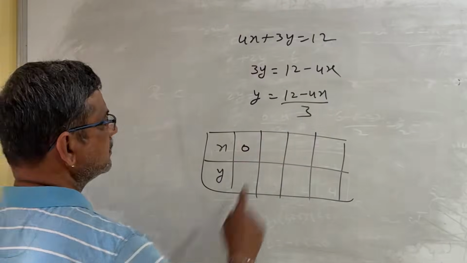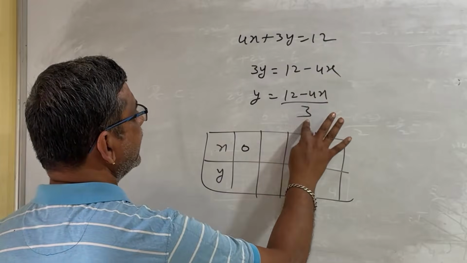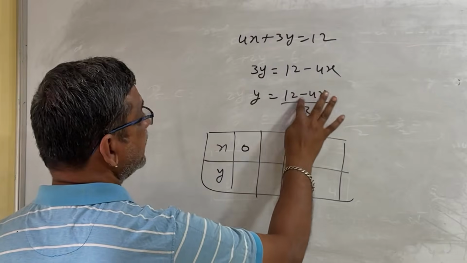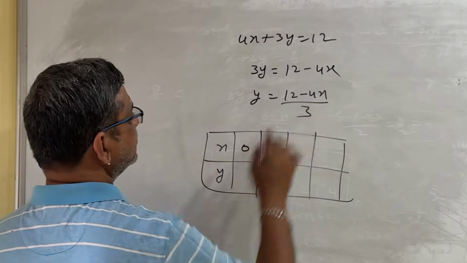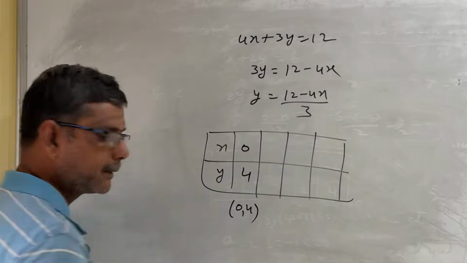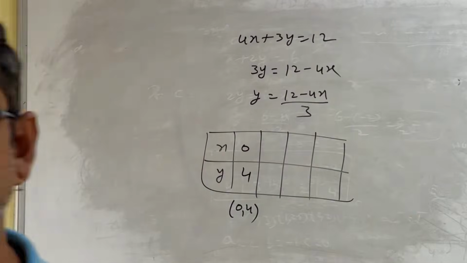What we will get? 4 zeros, 0. 12 minus 0, 12. 12 by 3, 4. So one solution is 0 comma 4.